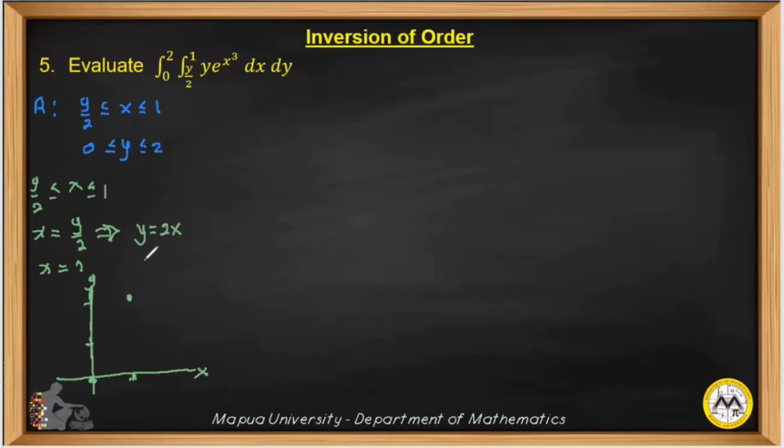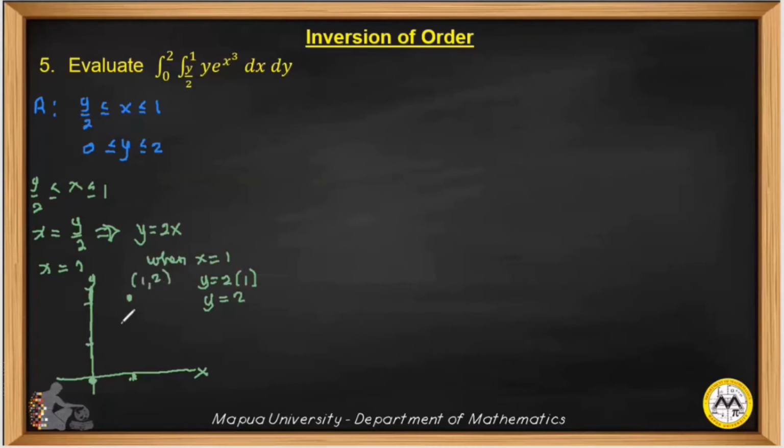So when x is 1, y is equal to 2 times 1, which is equal to 2. So this is the point, this is 1, 2.